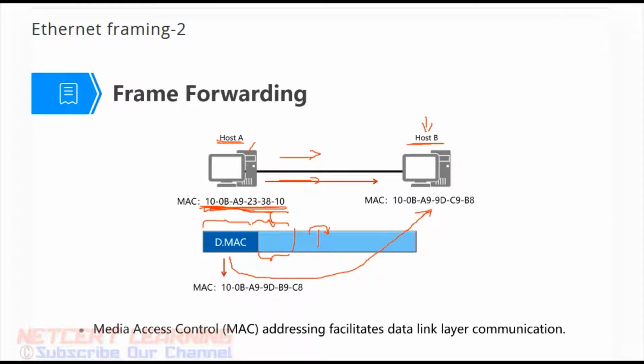It compares the MAC address of its own network interface card with the address in this frame. If it's the same, then the destination of this frame is itself. If it's not the same, then just drop it.